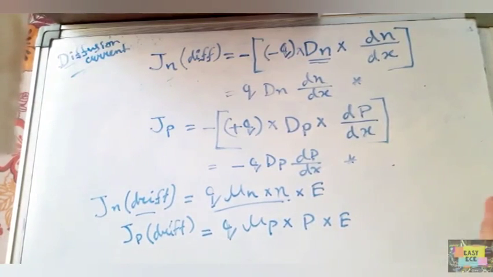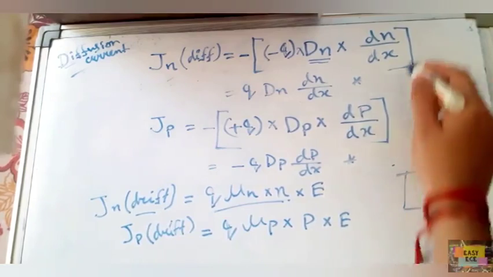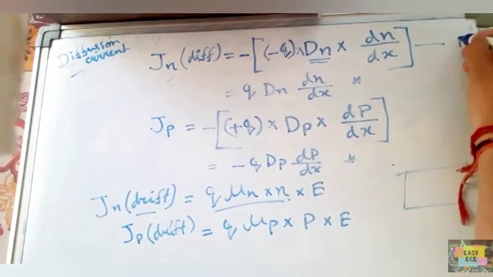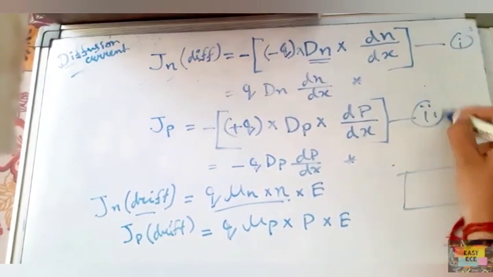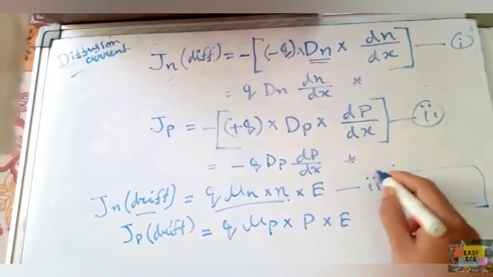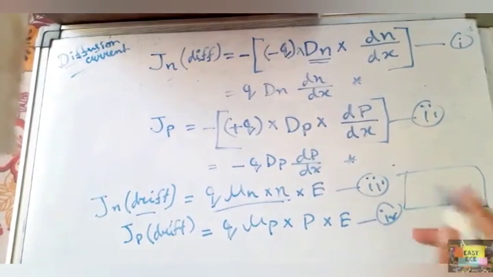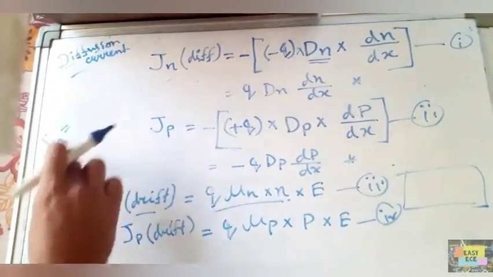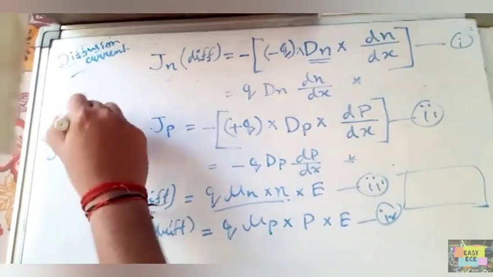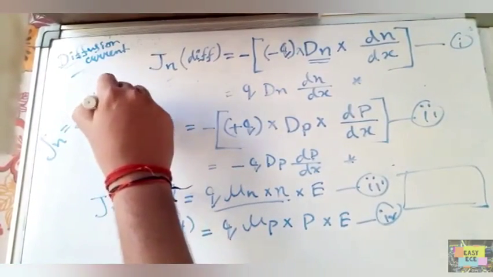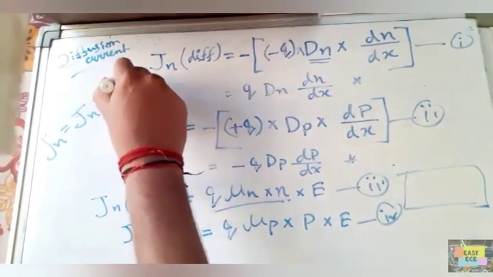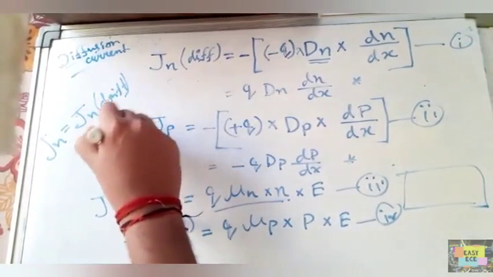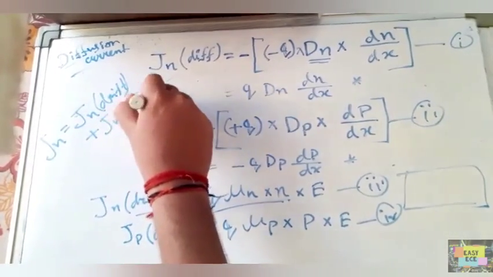Now what is the total current density of electrons and holes in a semiconductor? Just add them. This is equation 1, this is equation 2, this is equation 3, and this is equation 4. Now the main current density, Jn, the current density of electrons in a semiconductor, equals, obviously, Jn drift plus Jn diffusion.